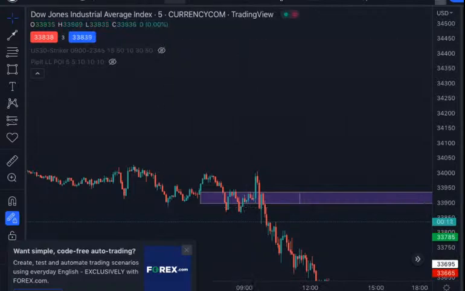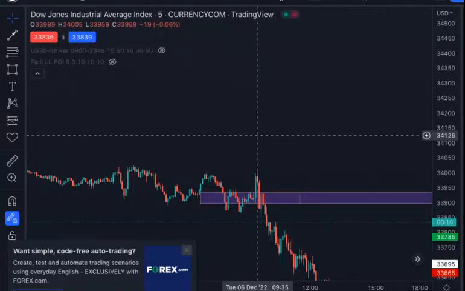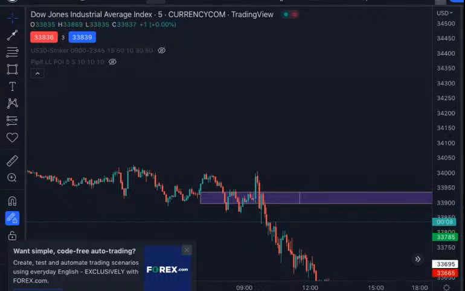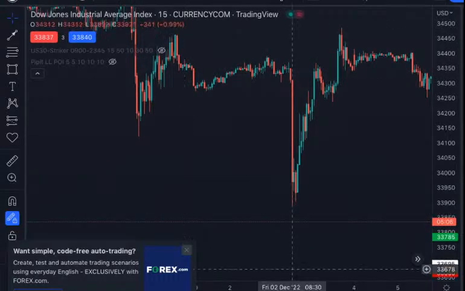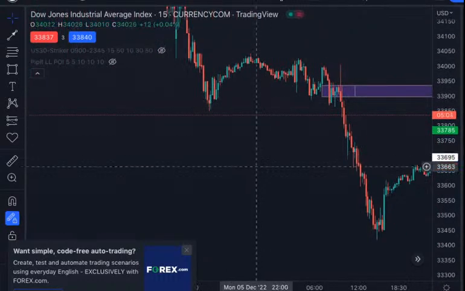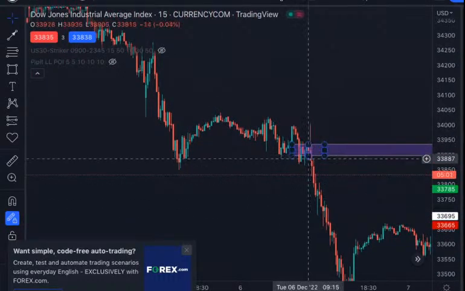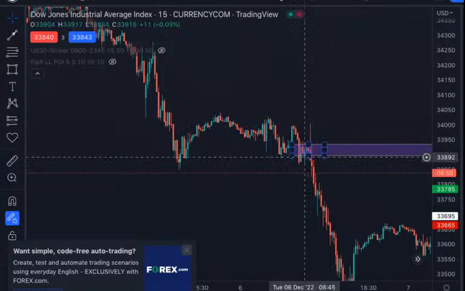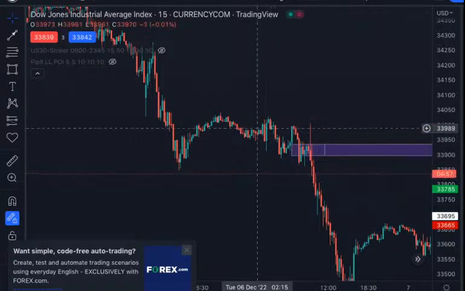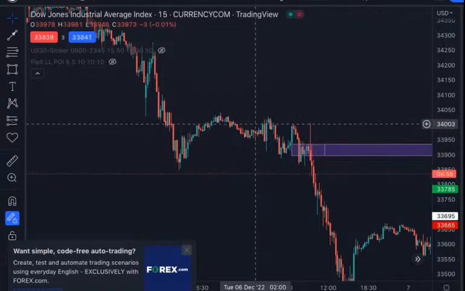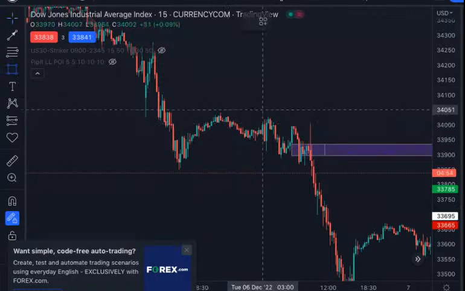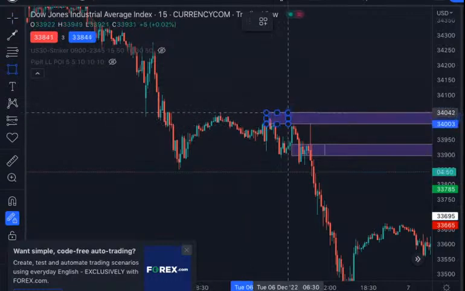So what is this? This 9:30, 9:35 candle. Oh, it's a huge wick. So if that's the case, what did it wick to? It wicked to that level. So these are two levels we need to pay attention to.